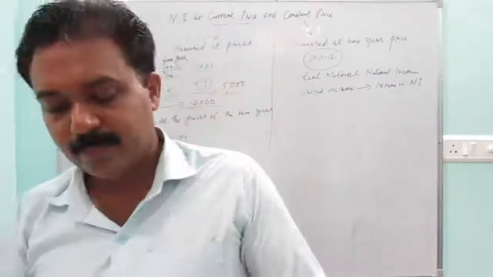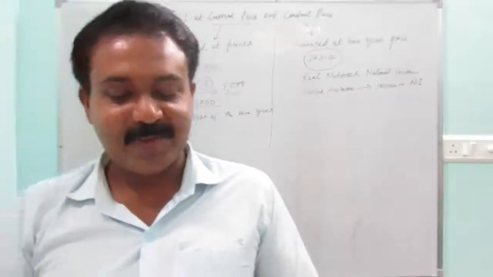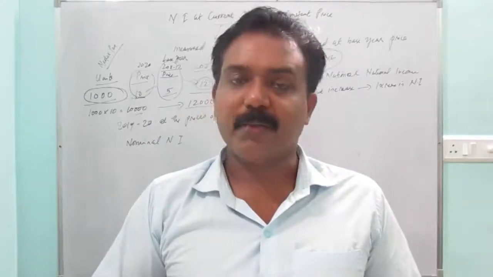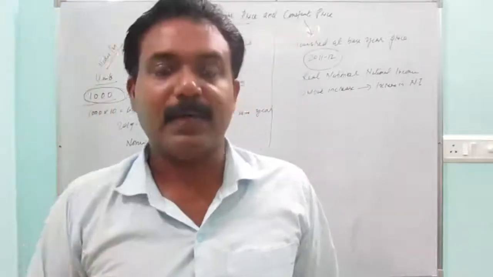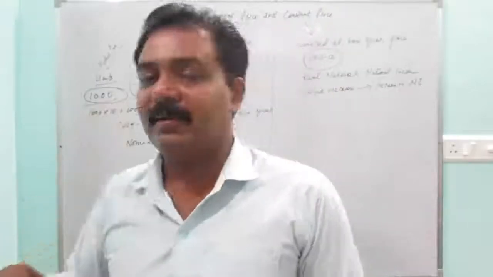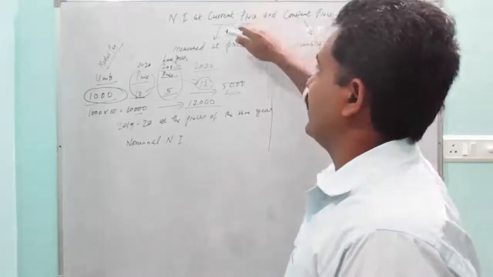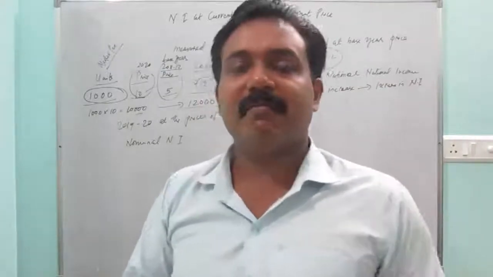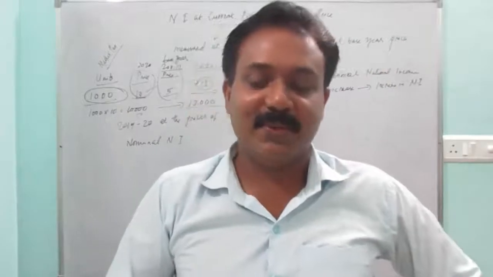With a high rate of inflation in India, nominal national income may create a false sense of economic growth. Our country is blessed, in inverted commas, with high inflation. So naturally we can assume what would be the condition if we calculate national income at current price. Every time national income will be soaring higher and higher.